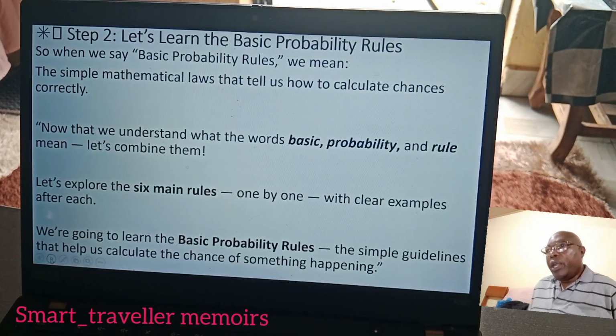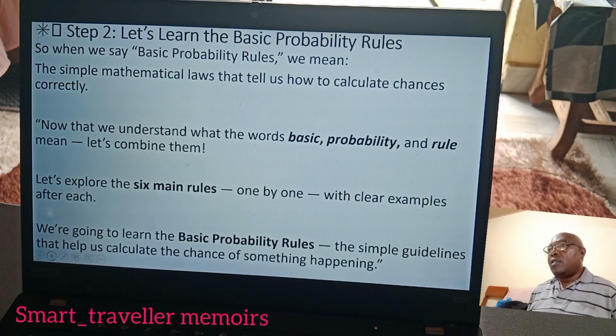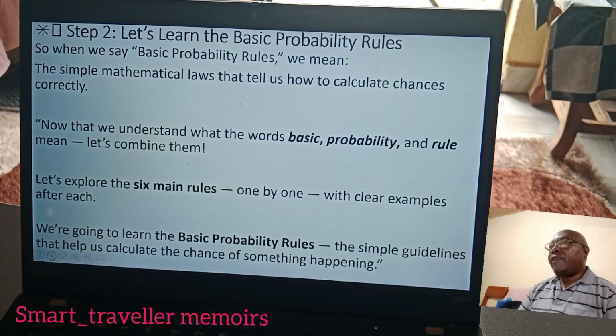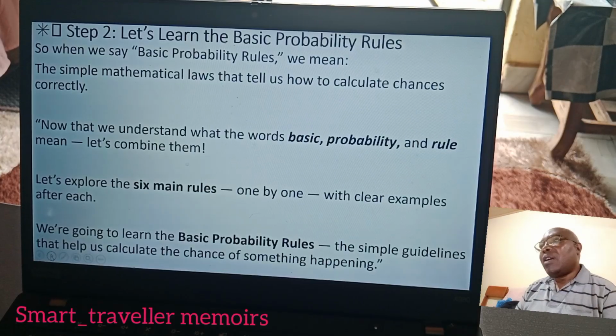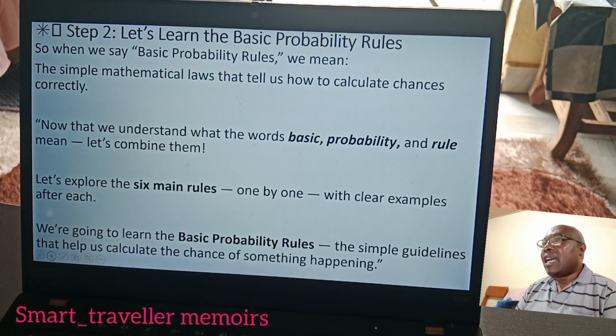So we are through with the definition of our topic, basic probability rules. We have defined the word basic, we have defined the word probability, and we have defined the word rule. So, when we say basic probability rules, we mean the simple mathematical laws that tell us how to calculate chances correctly.